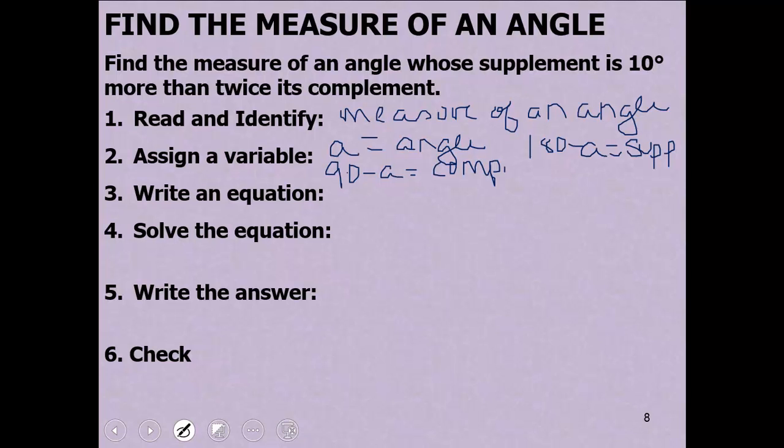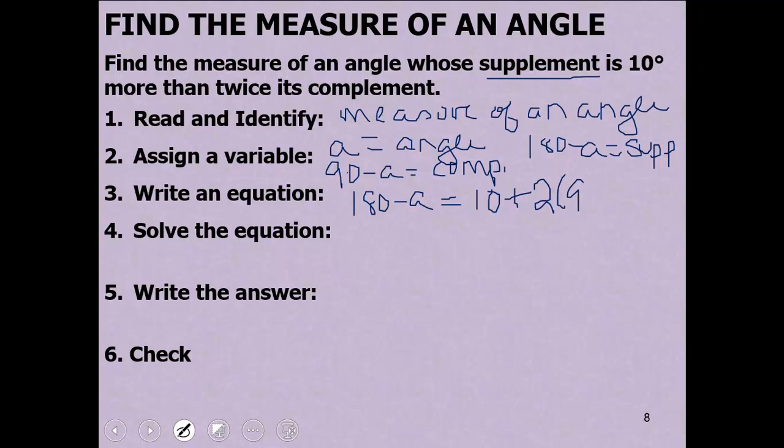So we have to write an equation. The supplement, 180 minus A, is equal to 10 more than, so we're going to add, twice the complement. 2 times what's the complement?